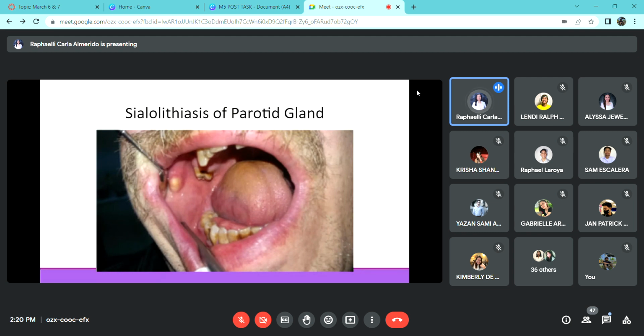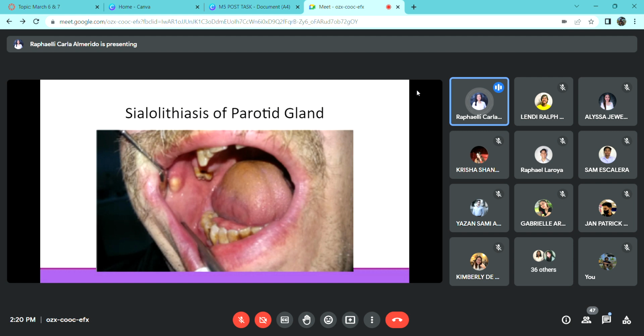This is an example of sialolithiasis of the parotid gland. This is a painful event wherein the duct is blocked, so we have to remove the stones that are blocking the duct.